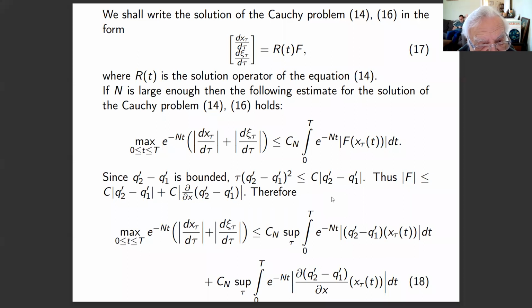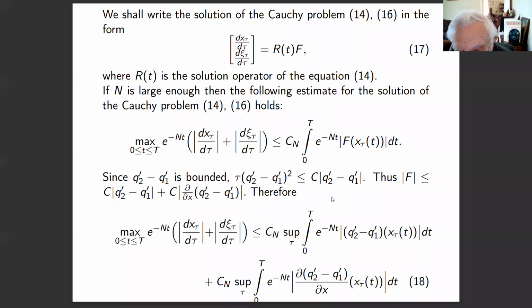Since Q prime 1 and Q prime 2 are bounded, this difference is tau times Q prime square, less than or equal to C times Q prime 2 minus Q prime 1. Capital F is less than C times Q2 prime minus Q1 prime, and the same with the derivative.